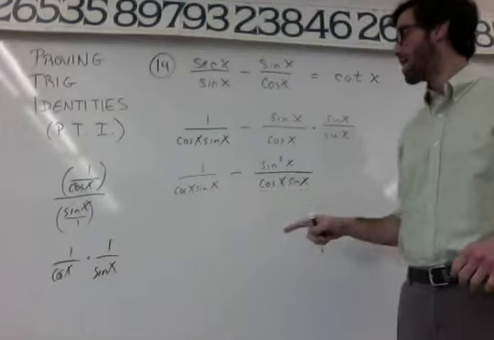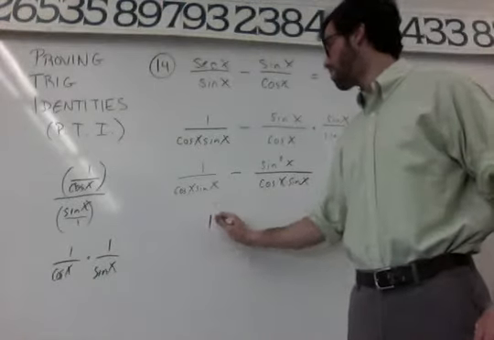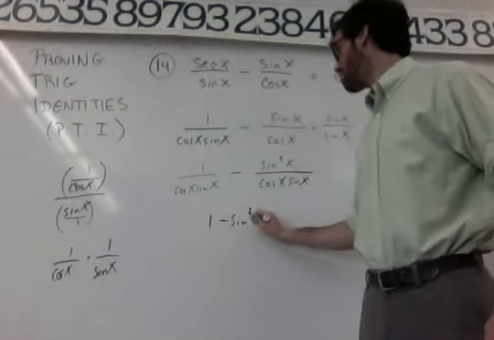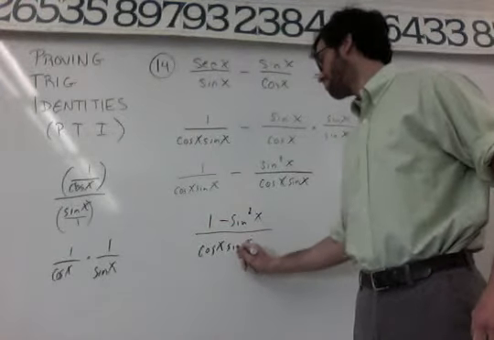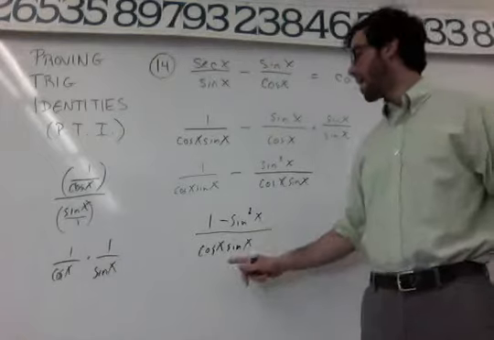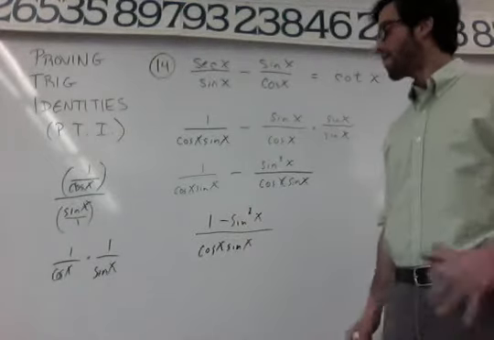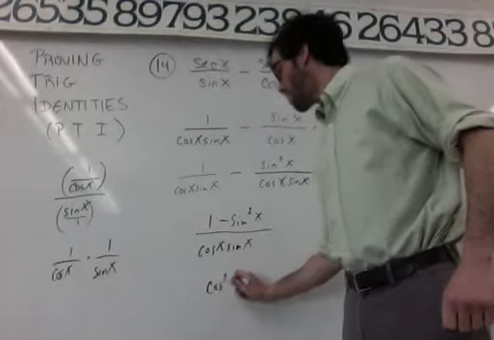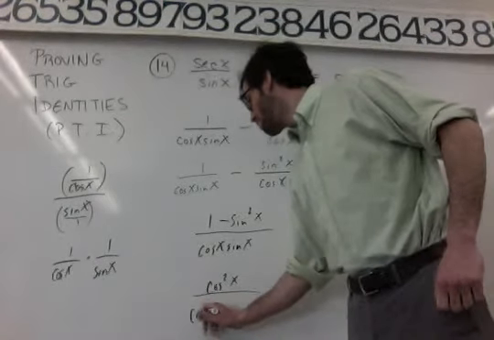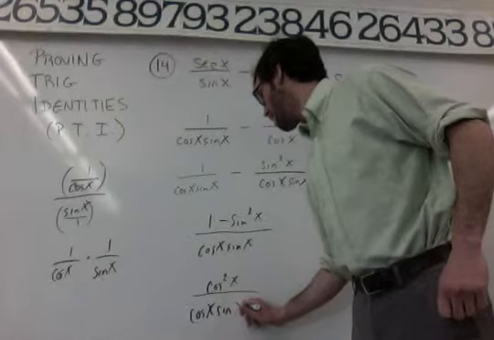Now we have a common denominator, so we can just do the subtraction. 1 minus sine squared x over cosine x sine x. Now 1 minus sine squared, as you know, is just cosine squared. So we're going to replace that. Cosine squared x over cosine x sine x.